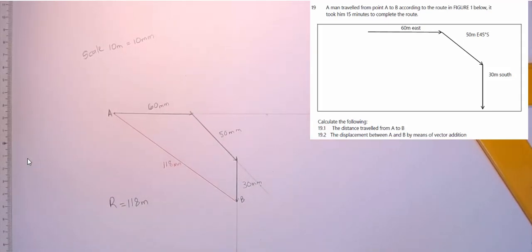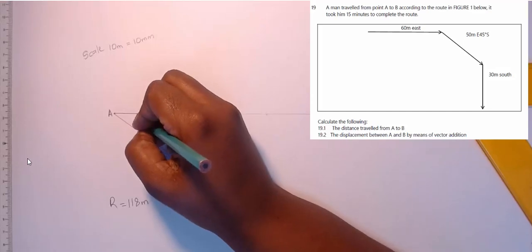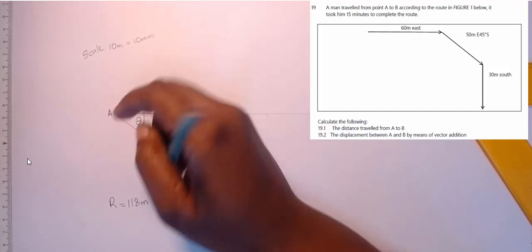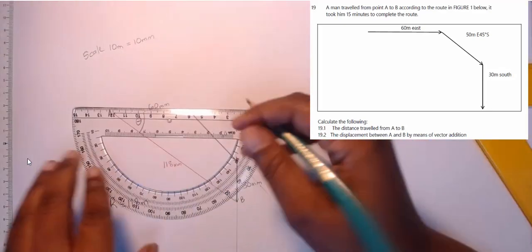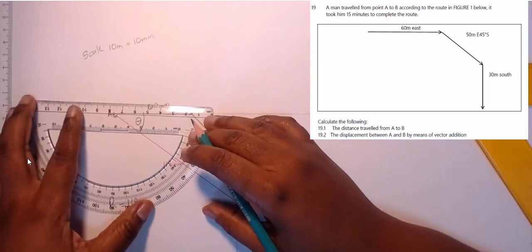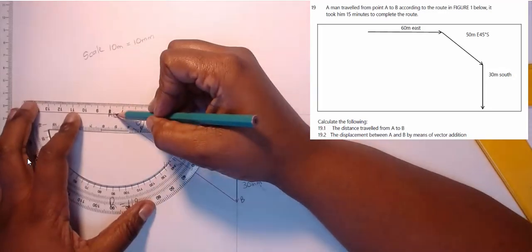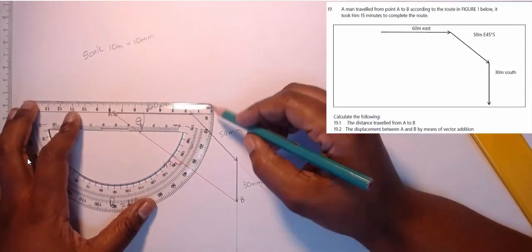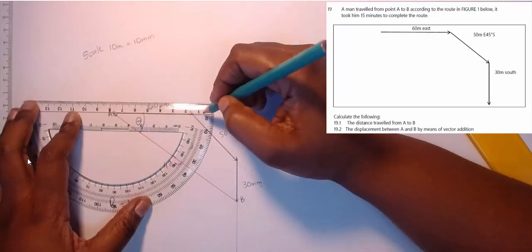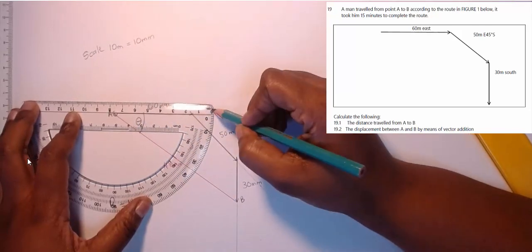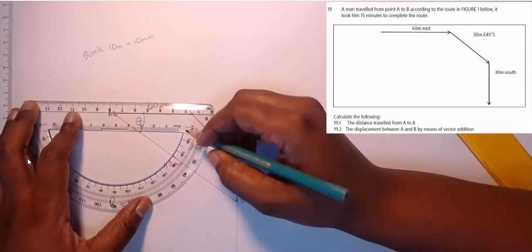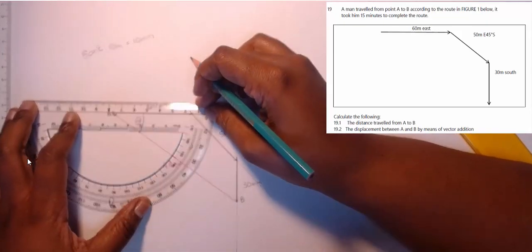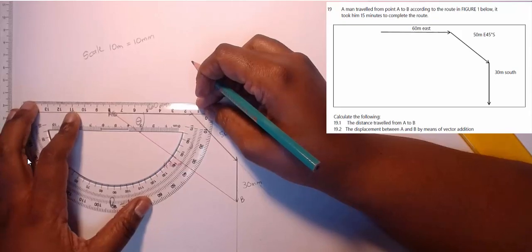But what is the direction? So I'm going to seek this theta right there. Then I use my protractor. I put this point right there at 0. I make sure that this line matches with the 0. Then I start counting. 0, 10, 20, 30, 35. Is it 35? Let's see. I put it there.